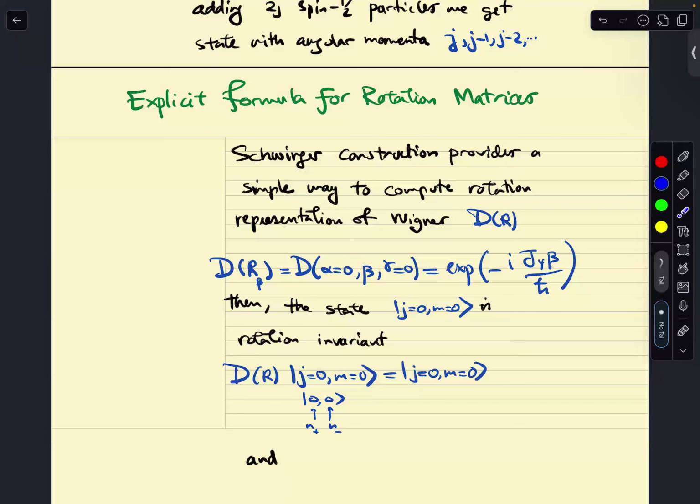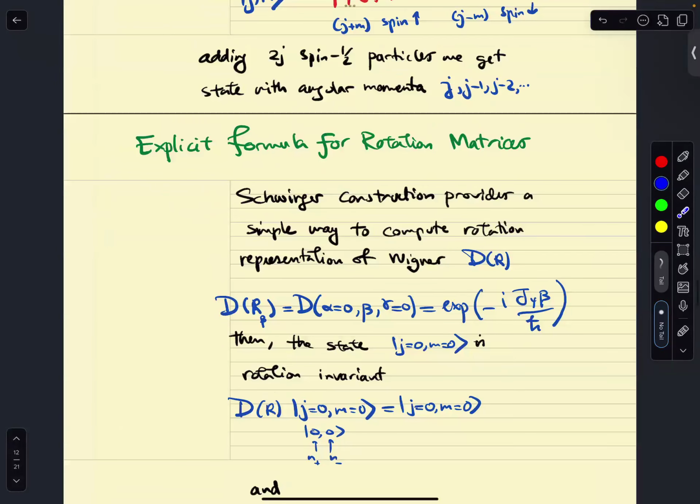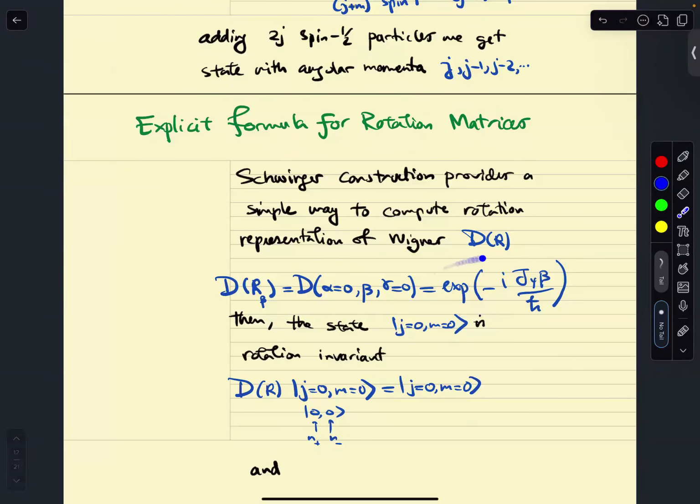Why? Because we saw that when we were talking about the Euler angles, we wrote an arbitrary rotation as a rotation by angle alpha around the Z component, by angle beta around the Y component, and by angle gamma around the Z component. Now the part that had to do with the rotations around Z components, once you plug in the representation theory of SU(2), they come out as phases, and this is all that we had to calculate.